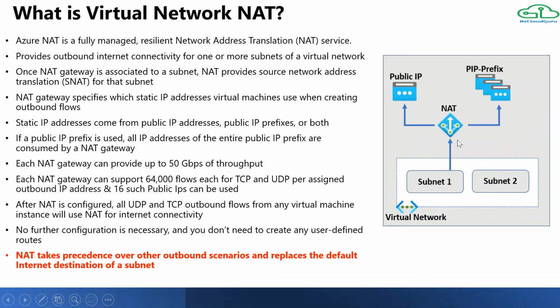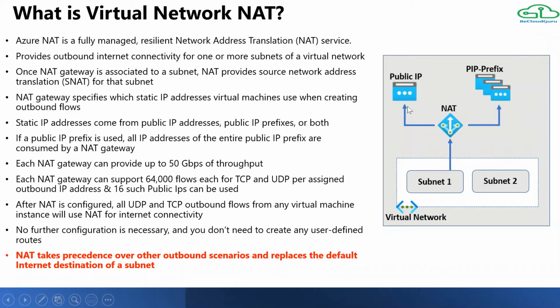Now, what SNAT basically does is rewrite the source of your network flow so that it appears to originate from a different IP address and or port. SNAT allows us to have multiple compute resources within our private VNet use the same single public IP address, or set of IP addresses if we are using a public IP prefix, to connect to the internet.